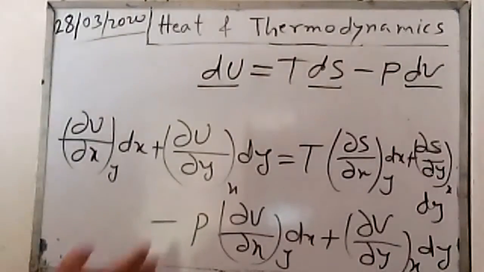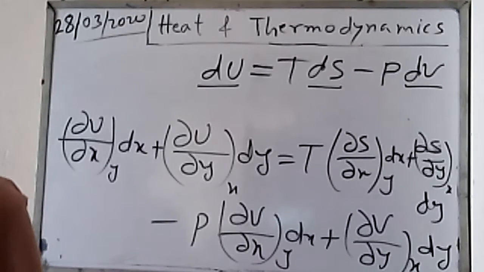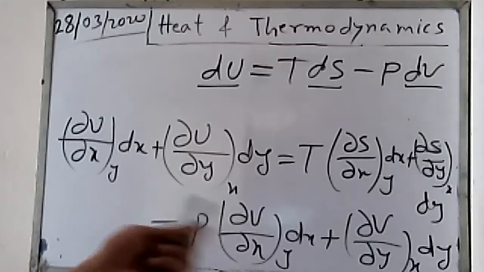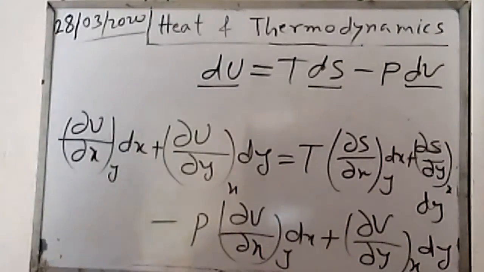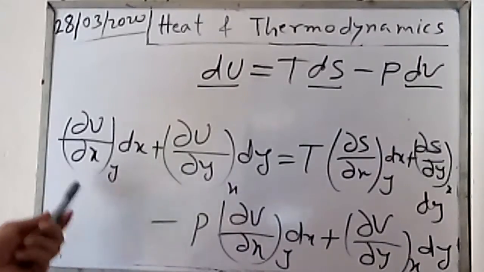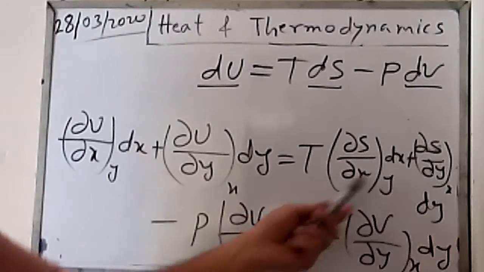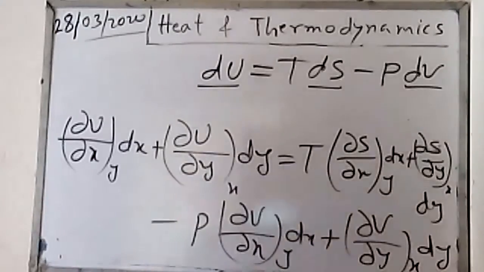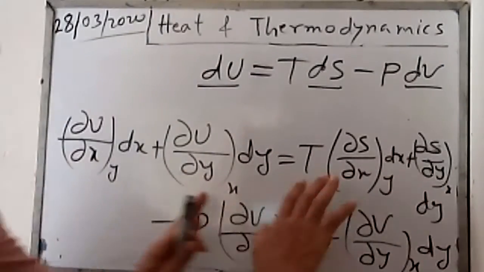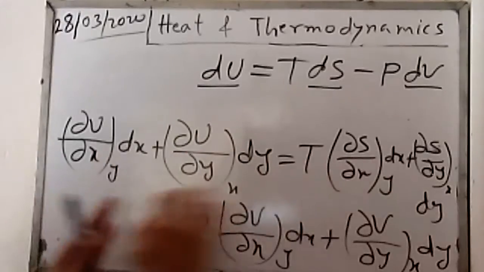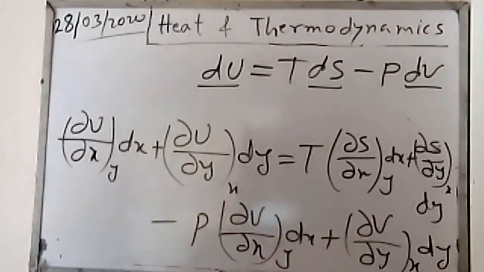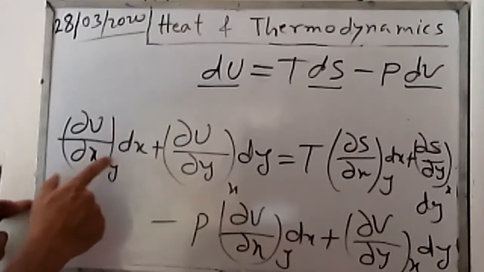Now, simplifying this equation, you will see in my slide presentation. Simplify this equation and separate dx and dy. Finally, from the left hand side and the right hand side, you will collect the coefficient of dx.